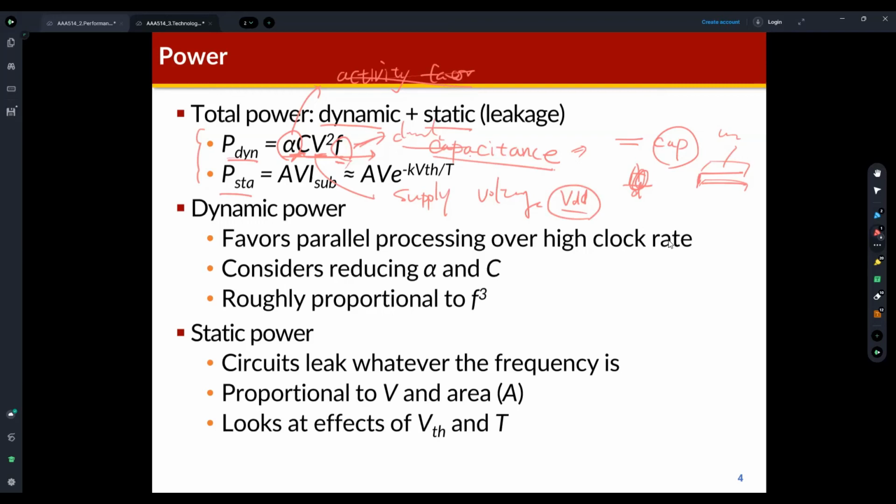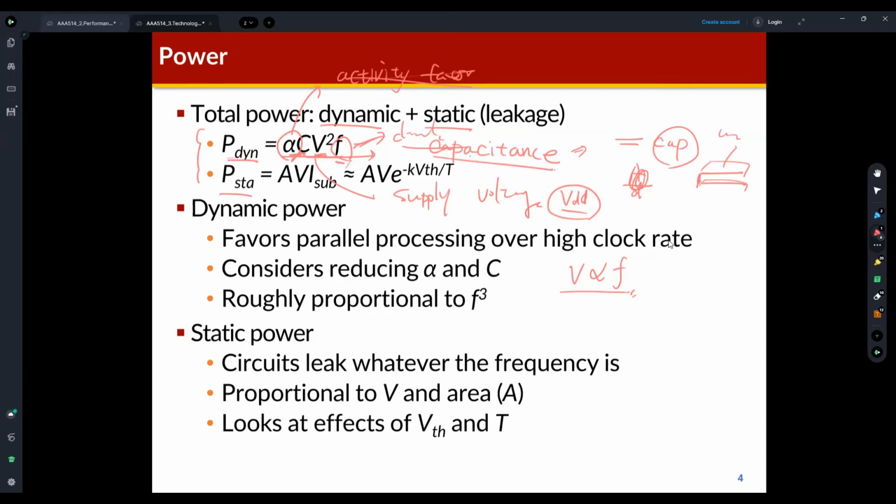It's really constant, but we can change C, capacitance, V, and F. With the same semiconductor technology node, the supply voltage is proportional to the clock frequency, which means that in order to apply a higher clock frequency, we need to apply a higher supply voltage.